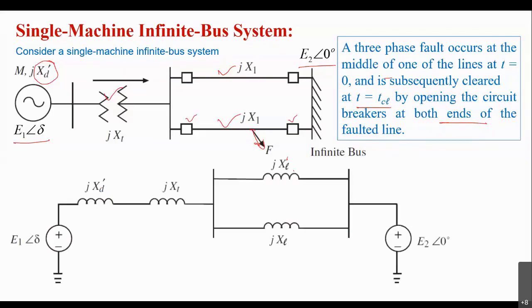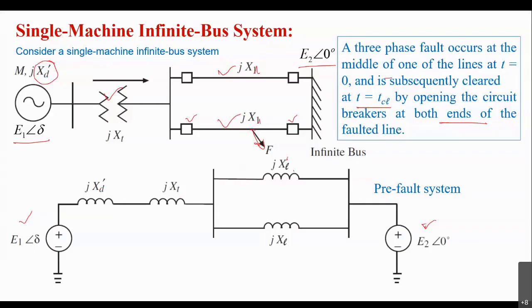Now the pre-fault system is very simple. In the equivalent circuit we have E1 angle delta, and we represent the infinite bus as E2 angle 0, connected through j(xd dash plus xt) and jxL and jxL. This is xL, not x1.